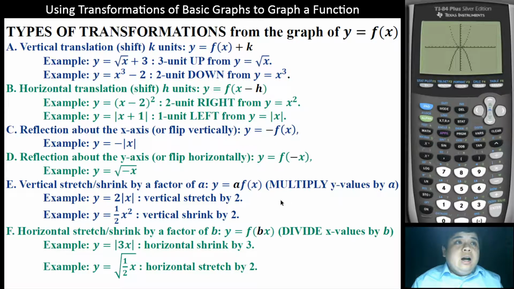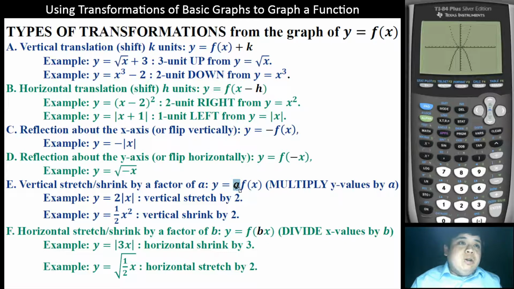Same thing for stretching and shrinking. If we have a number in front of the function, and assume it is positive, because if it is negative there will be a reflection. If we multiply by a number bigger than 1, we stretch; smaller than 1, we shrink. Stretching or shrinking is not really important. Once we do the transformation, it will come intuitively.